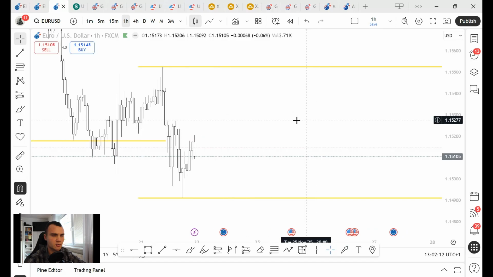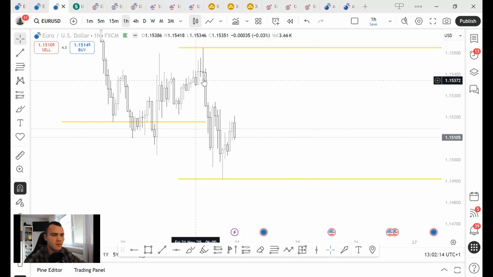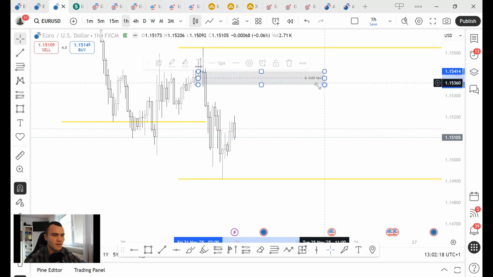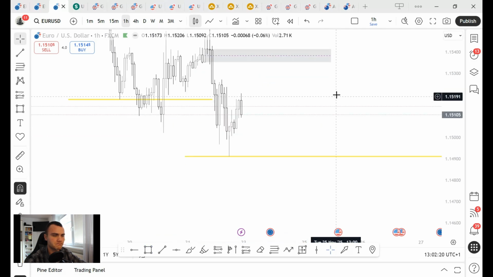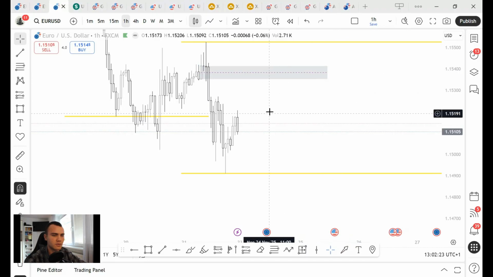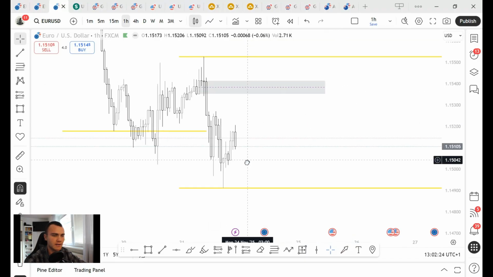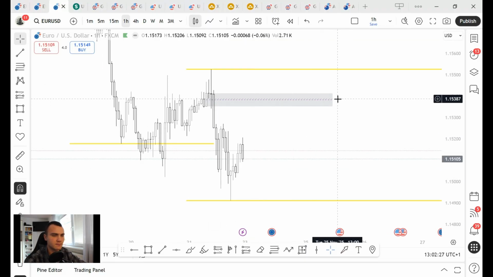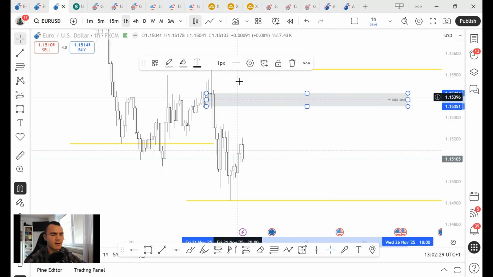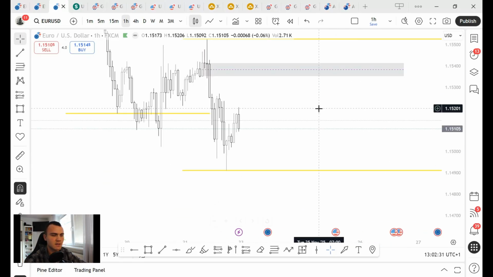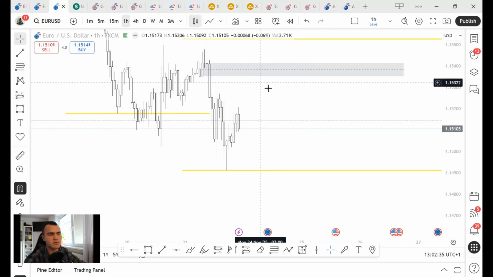Right now I'm not trying to do anything, but I'm looking at this order block here. It also has plenty of liquidity, either to target it or to play it. I'm not trying to play any reversal yet, but also I'm not trying to be insanely bearish. I wait to see what's going to happen.